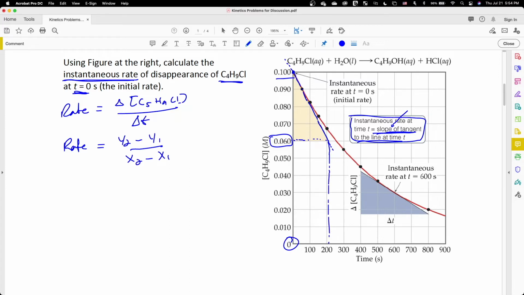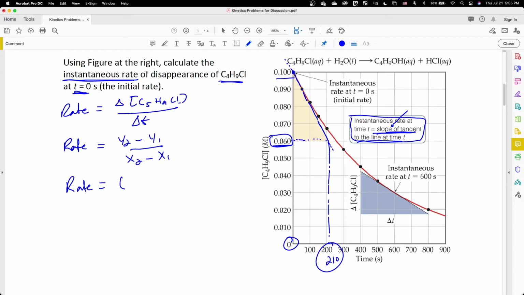And so that means your time here will be approximately 210 for that x, and 0.060 for the y. So then the rate equals your ending y2, and we're going in a downward direction here. That's why we're going with that being the ending, right?